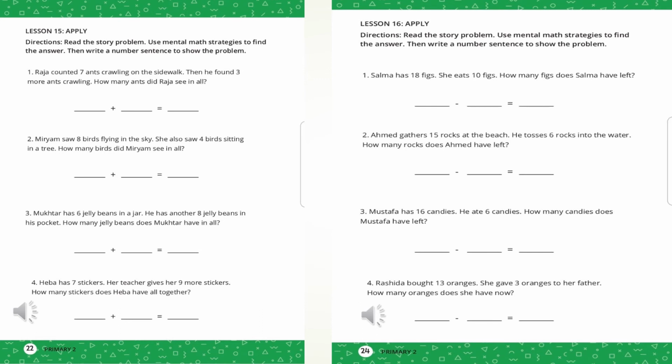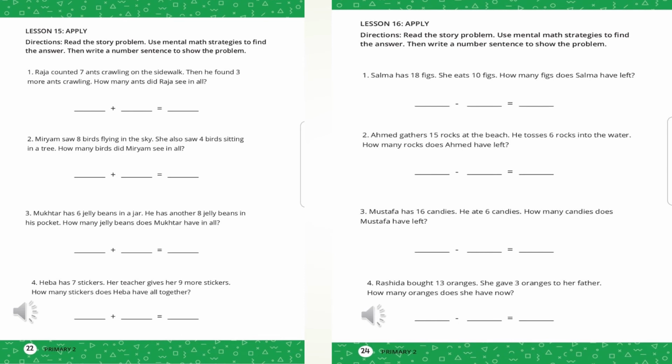We prefer, it's not a must, but we prefer to put the big number first. 7 plus 3 equal what? We studied this in making 10. 7 and 3 equal 10. Great. 10 what? He is counting what? He is counting ants. 10 ants.